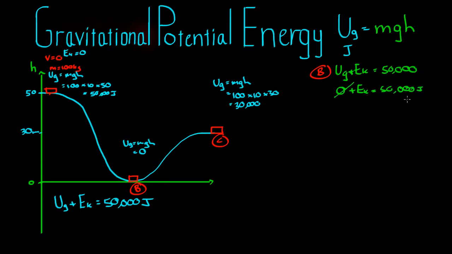That indicates that the kinetic energy equals 50,000 joules. And the kinetic energy has to equal a half mv squared. So 50,000, which is the kinetic energy, has to equal a half times 100 times v squared.